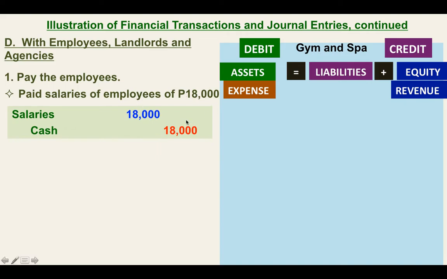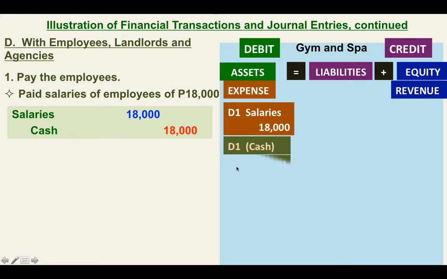If we are going to reflect this in our accounting equation, salaries will increase because it's debited, an increase of 18,000, and there will be a reduction in cash because it's credit.